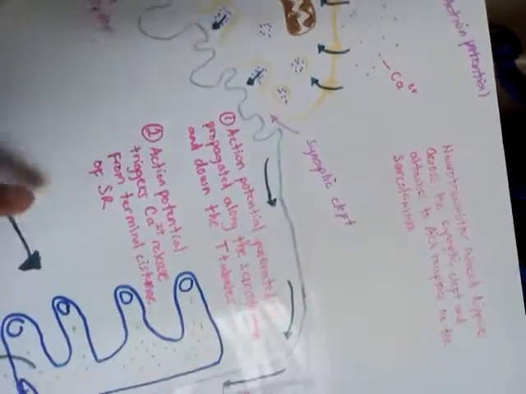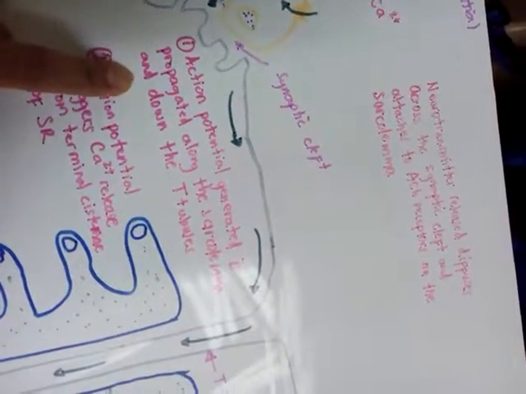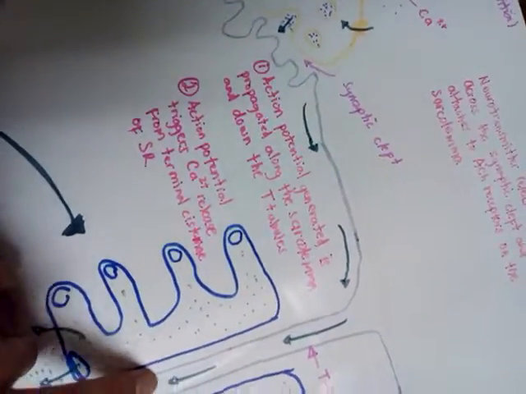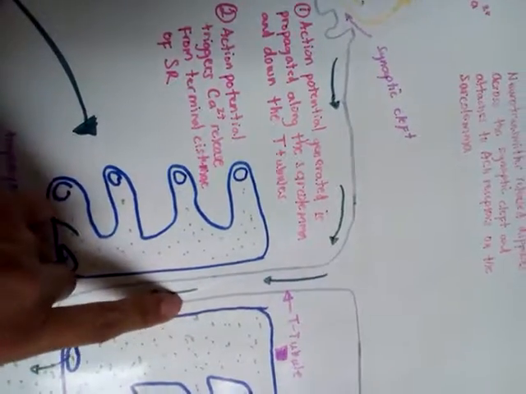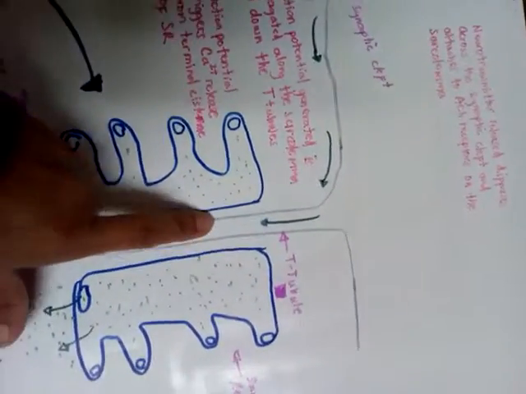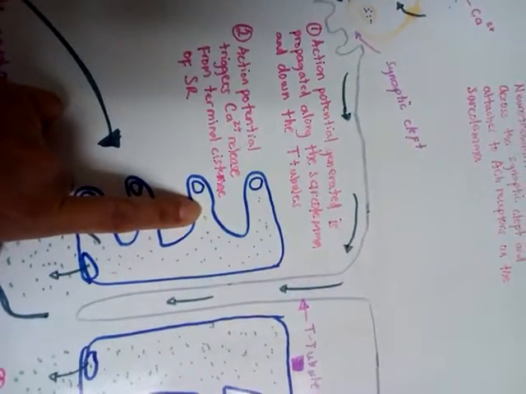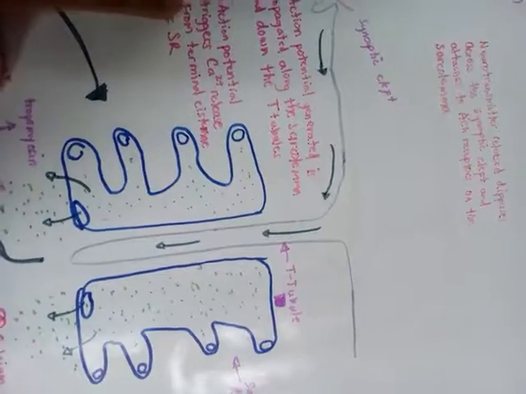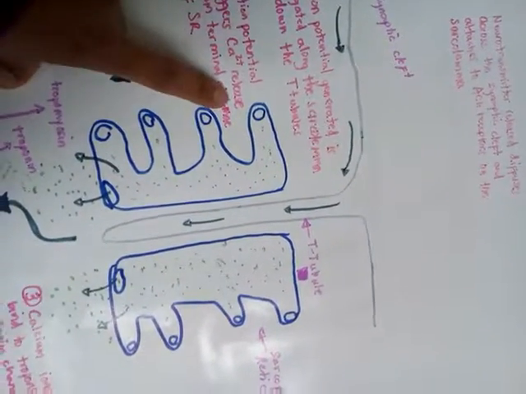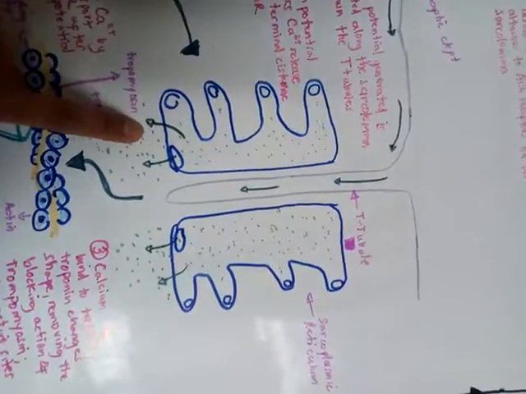The action potential generated is propagated along the sarcolemma and down the T tubules, and when it reaches the T tubules, it goes to the sarcoplasmic reticulum, where the action potential triggers the calcium to get released from the terminal cisternae.